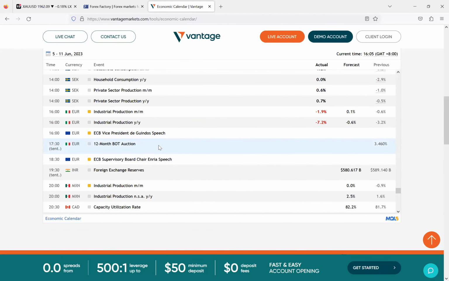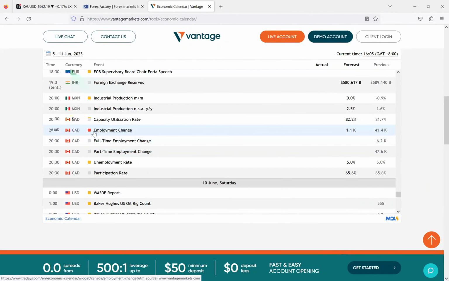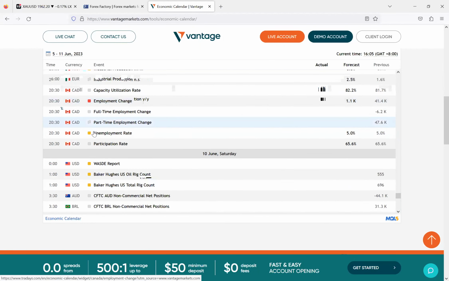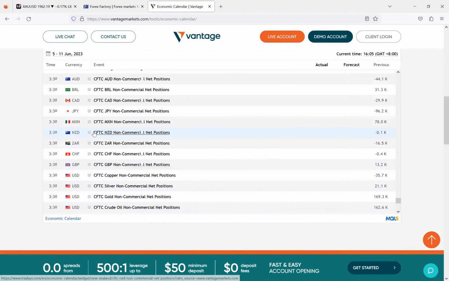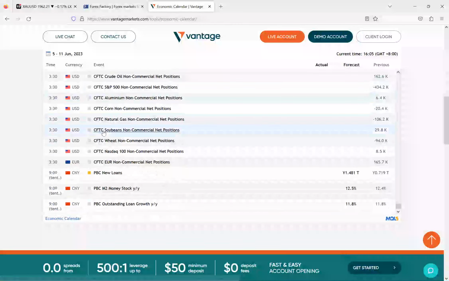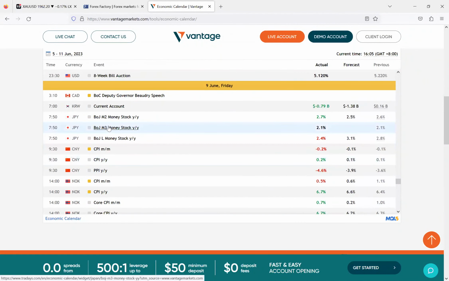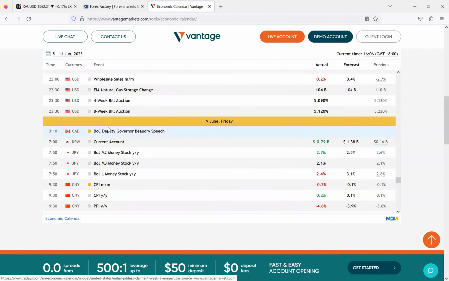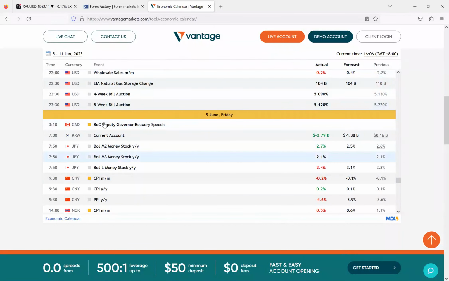So coming up, what we have here, mainly the high impact, would be data on Canada's labor market, unemployment rate data, and of course, the dollar, right? So mainly on Canada's data for today. Okay, so these are the ones that we will be seeing here. You can also filter it according to the impact of the news.